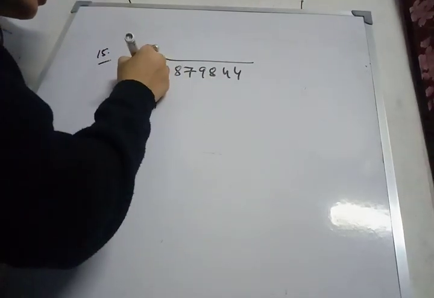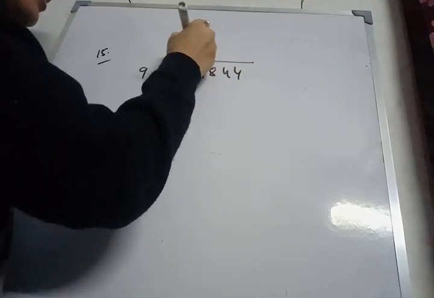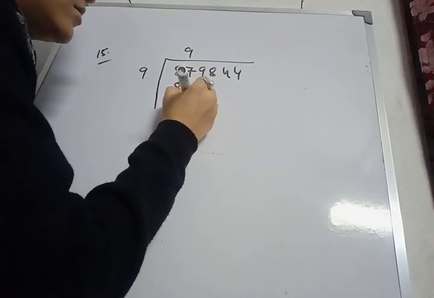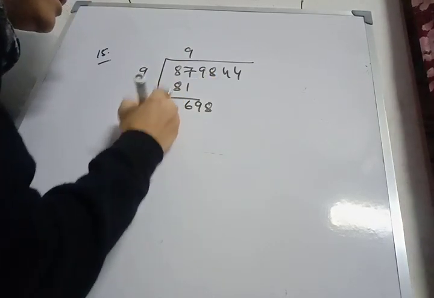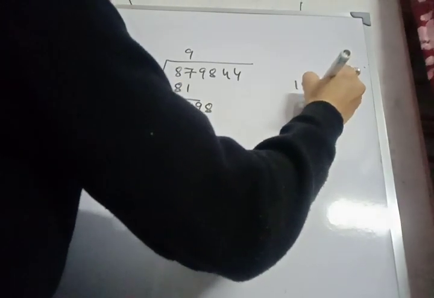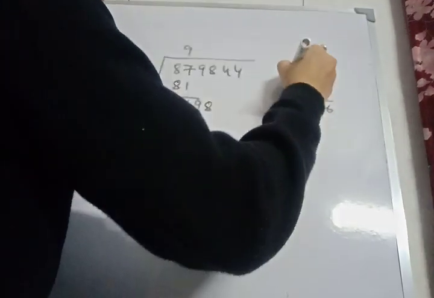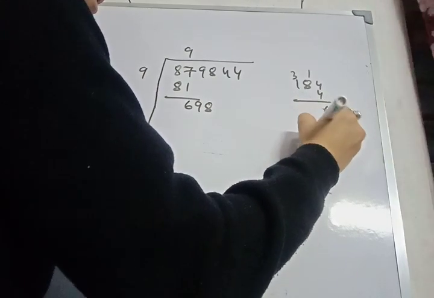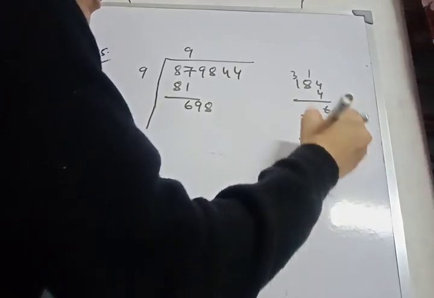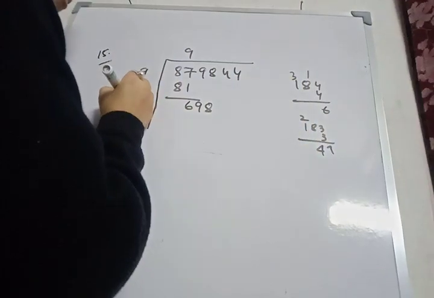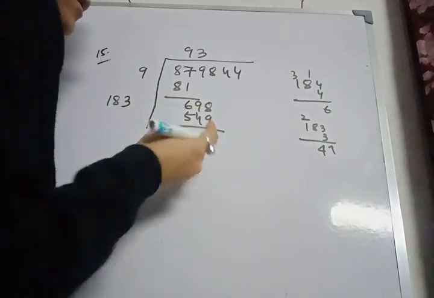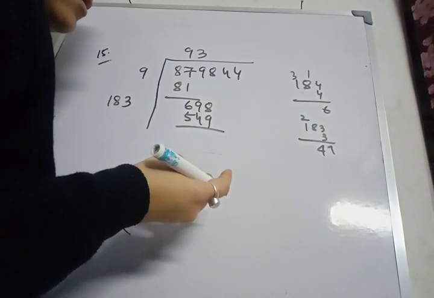So 9 9s are 81, 9 2s are 18, okay, so 183 is 9, 24, 549, 9.